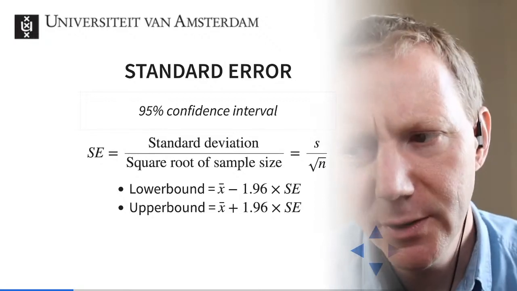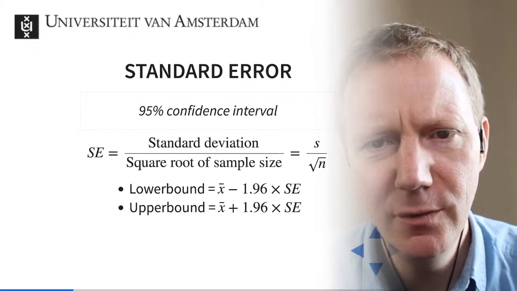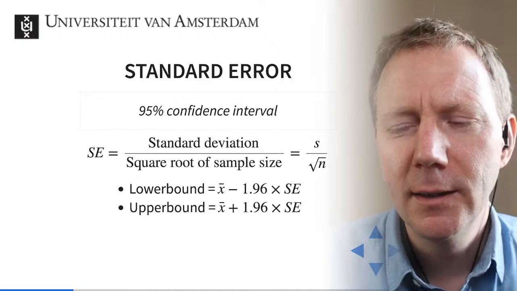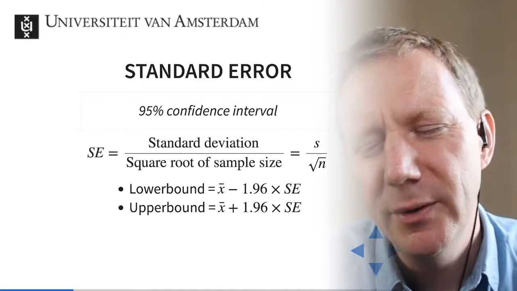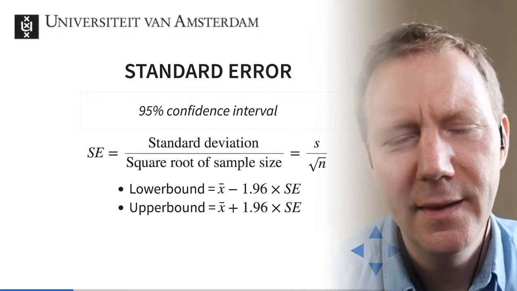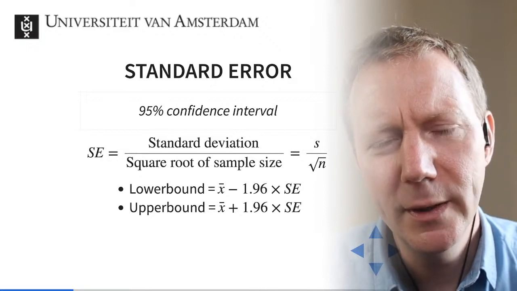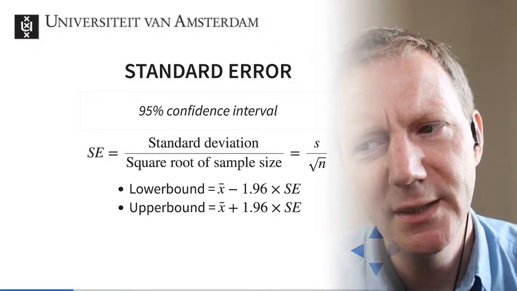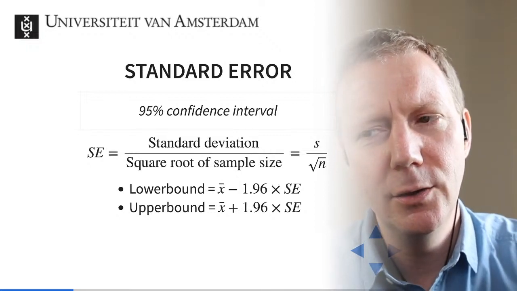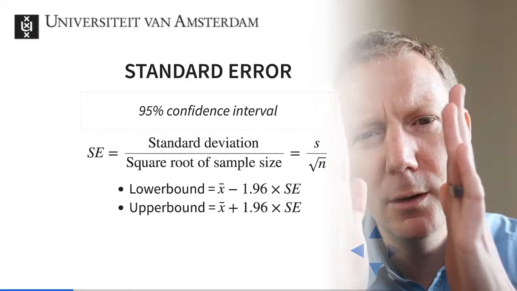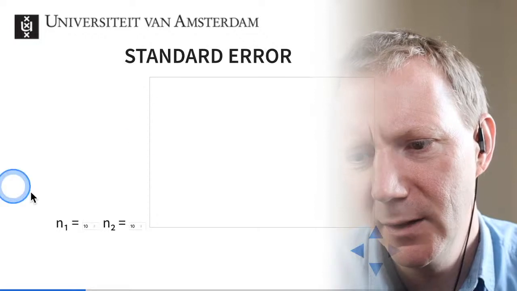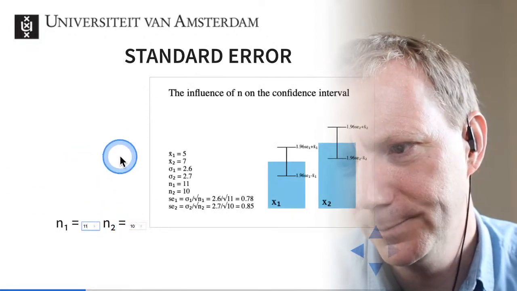One thing to notice is that if you divide by the square root of n, and assume the standard deviation stays the same, then if you increase the sample size, your confidence interval will shrink.